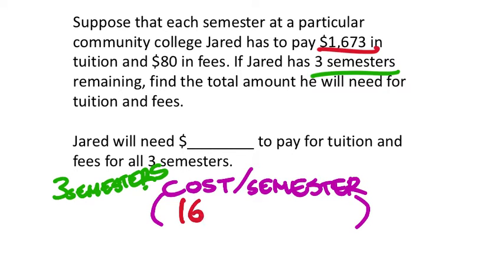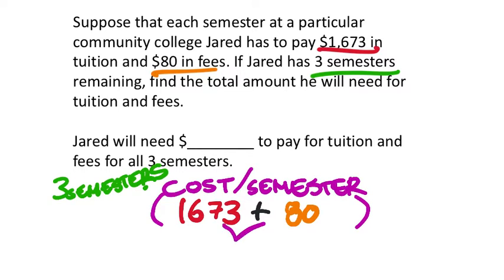So the cost per semester is this $1,673. And that is tuition. But in addition to tuition, he also has to pay his fees of $80 there. So we're going to add that 80 to the 1,673. Now, I said that usually intuitively this kind of happens where students are like, well, look, I can add the 1,673 to the 80 right now and figure out what that is.